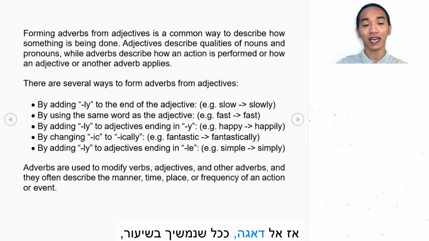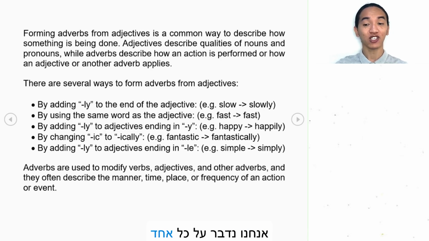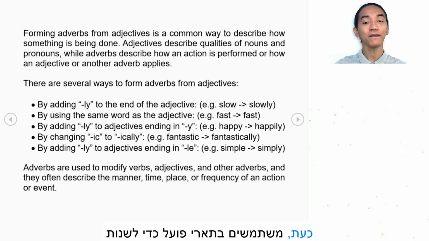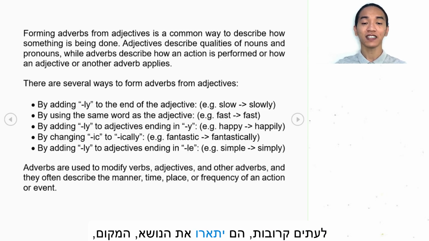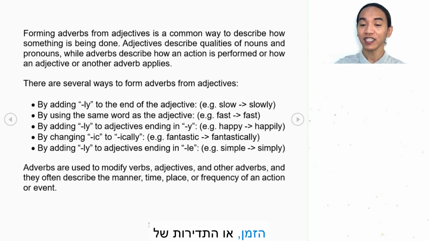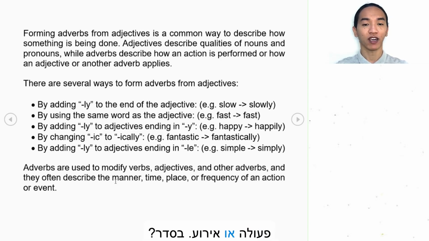Don't you worry, as we go on with the lesson, we will be talking about each of these rules, okay? Now, adverbs are used to modify verbs, adjectives, and other adverbs, and they often describe the manner, time, place, or frequency of an action or event.